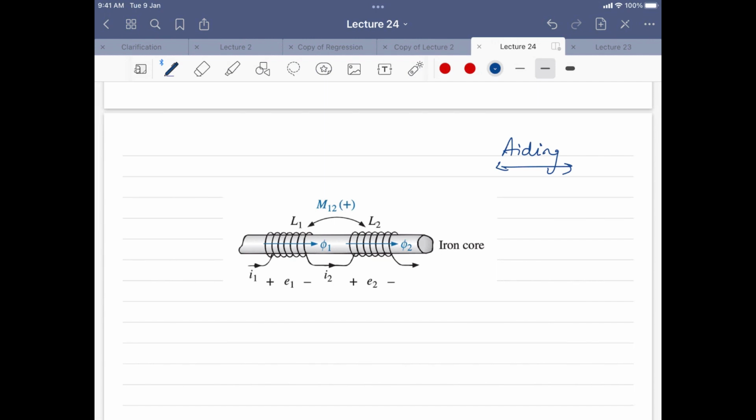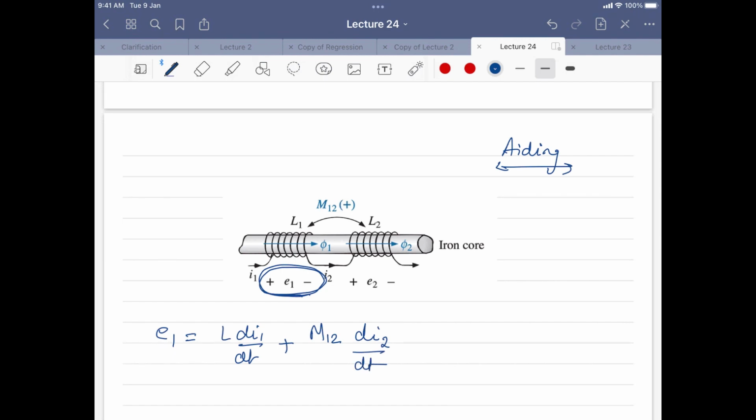So in this situation, if I want to calculate the voltage E1 here, what will it be? It will be E1 equal to L di1 by dt. We will then have the mutual inductance M12 di2, sorry, it will be di2 by dt.